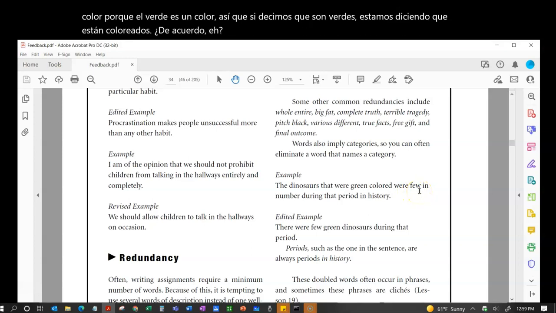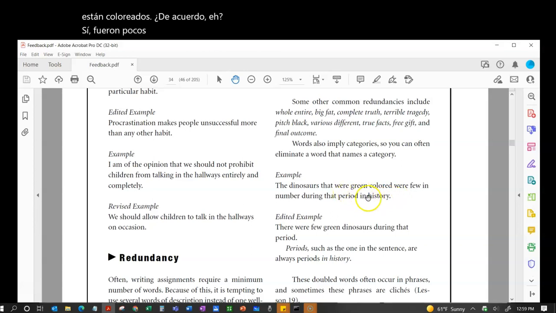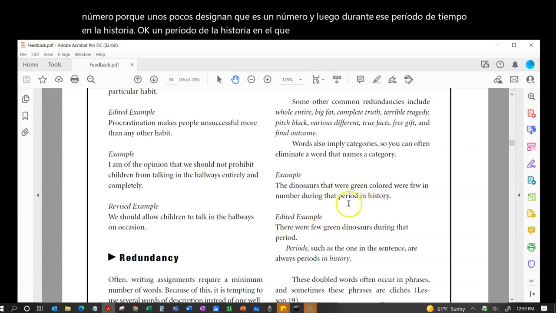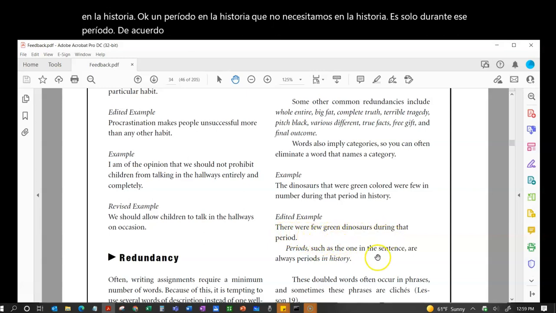Were few in number, okay? Well, okay, we said that there were few. We don't have to say in number because a few designates that it is a number. And then during that time period in history, okay? Well, a period in history, we don't need in history. It's just during that period, okay? There were a few green dinosaurs during that period.